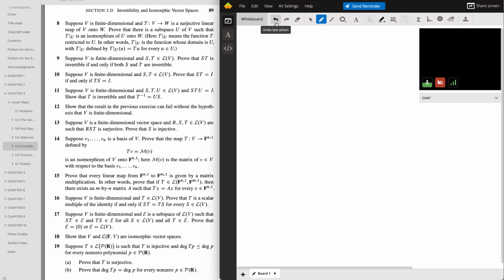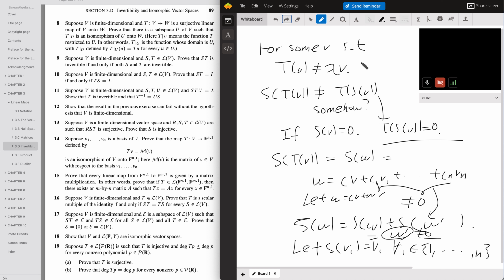Well, maybe there's something I can see from this, right? Because S can force something to be 0, but since T of that thing doesn't go back to the same constant multiple of this vector, then S of the part outside the spanning list will be not 0, I guess.